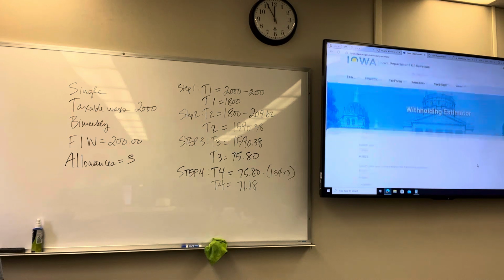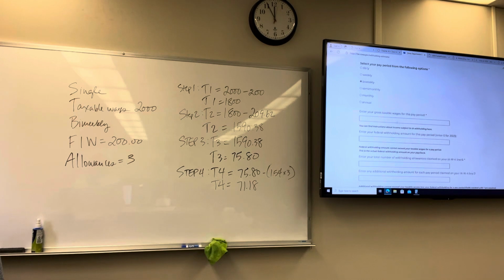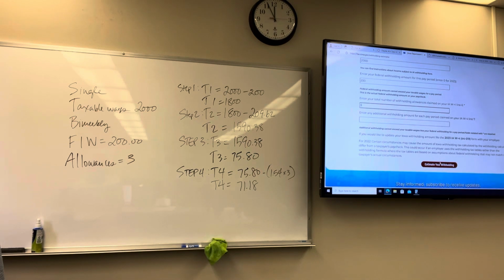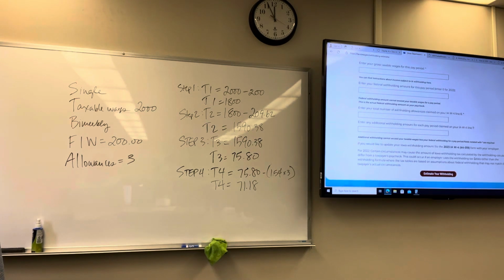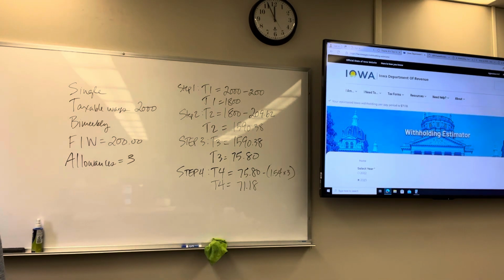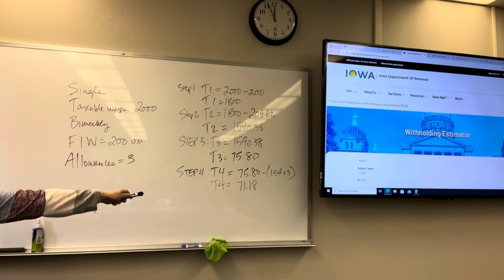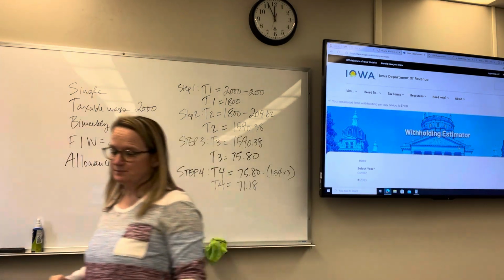Calculate what it does for, here's 2022, biweekly, gross taxable wages, federal withholding amount, 200, 3, 0. Did it calculate anything? Oh, 71.18. Can you see it? I don't know what's up with that table.